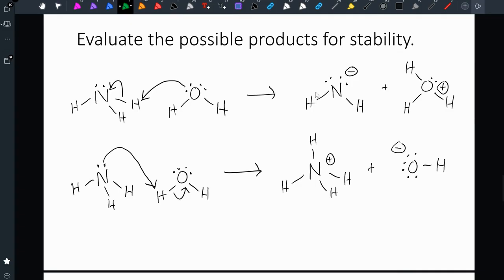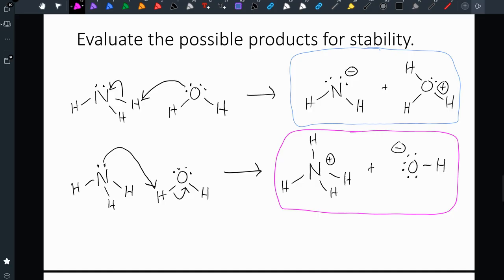So I look at my two pathways that I considered, and I want to look at the two sets of products. I'm comparing these products to these products. And I have those simple rules for stability that I've been using since Module 1. The first thing I evaluate is the octet rule.